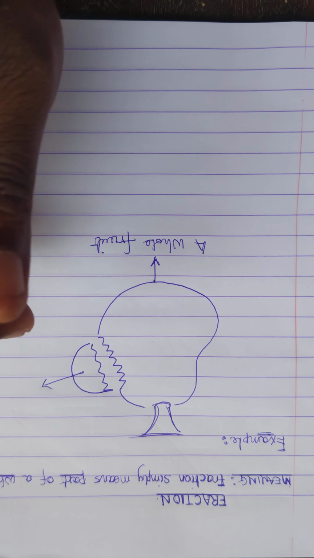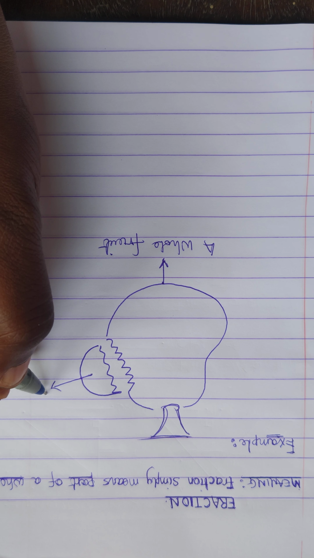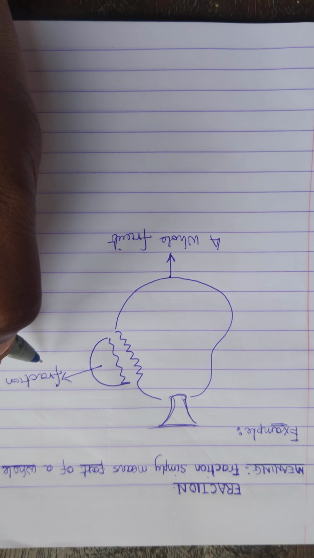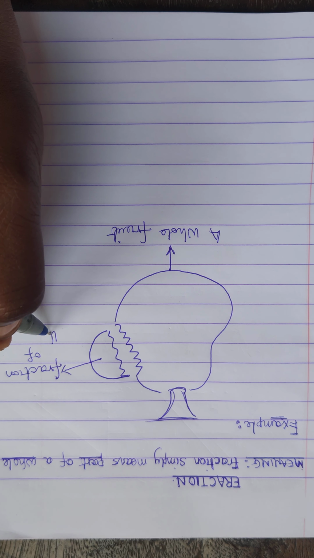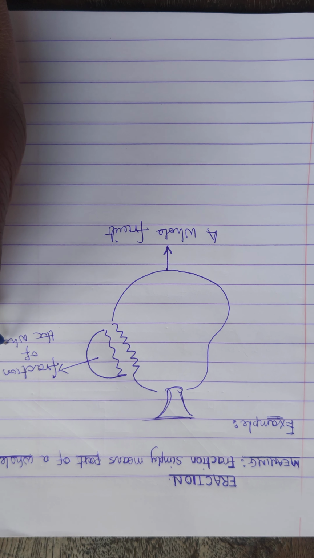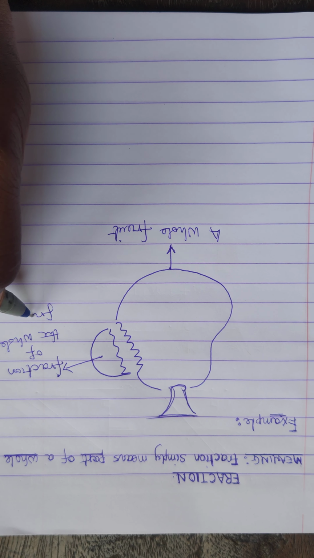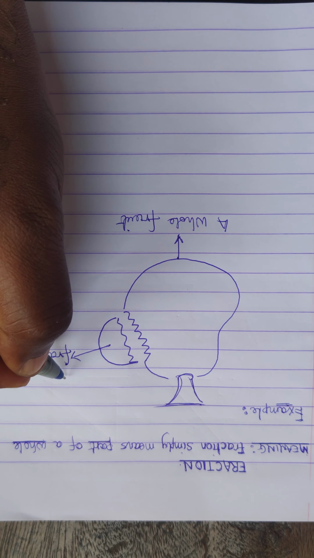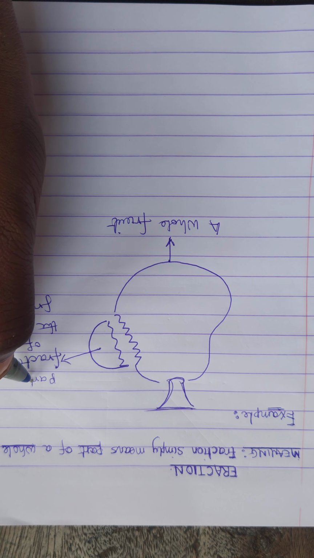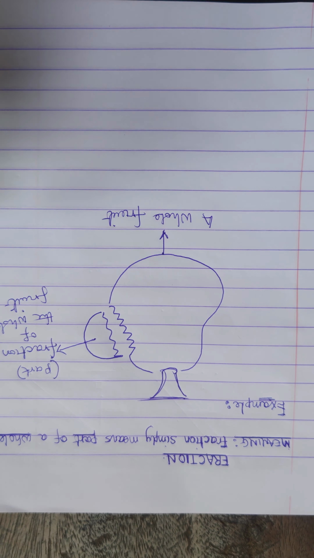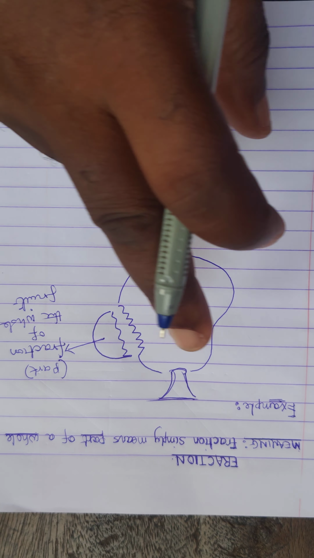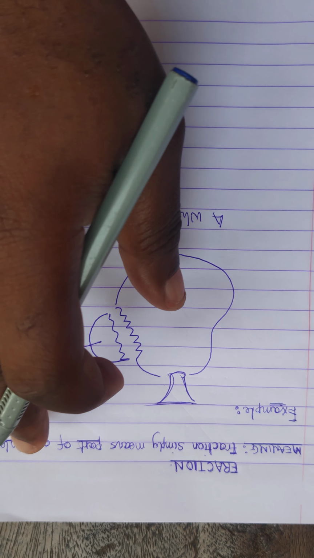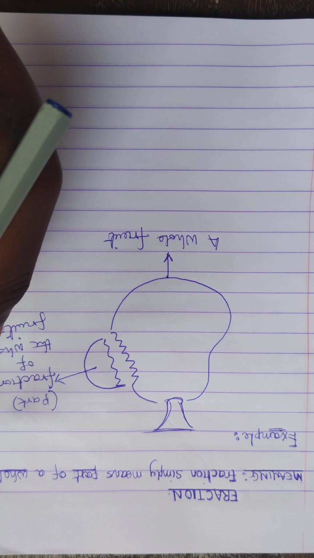So it simply means that this is a fraction of the whole fruit. So in other words, the word fraction simply means part. Okay? And so that is why we say fraction simply means the parts of a whole.